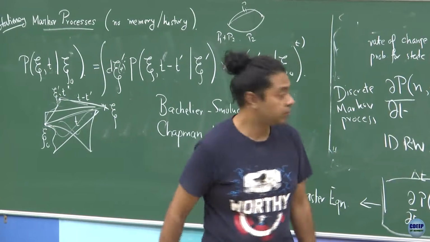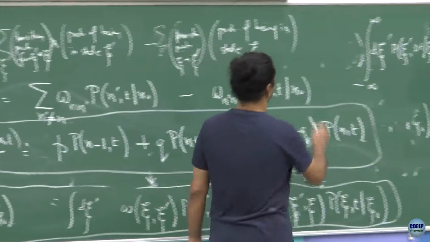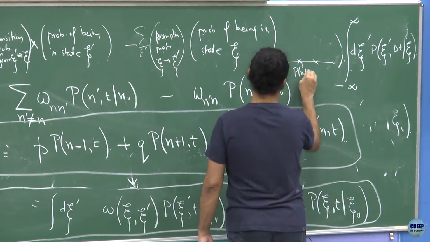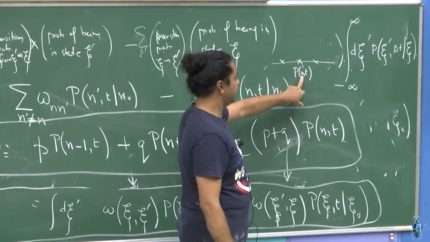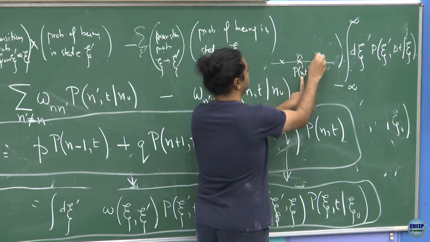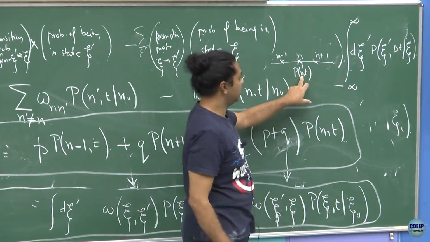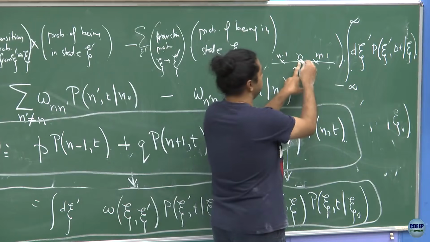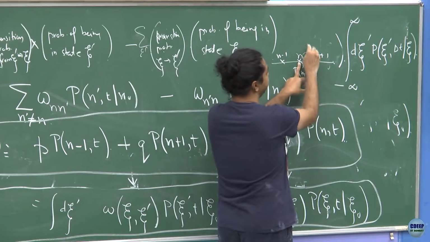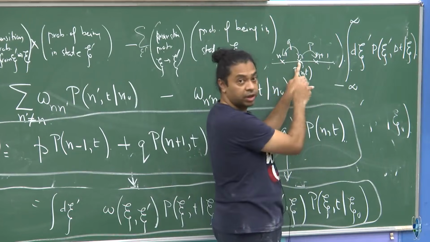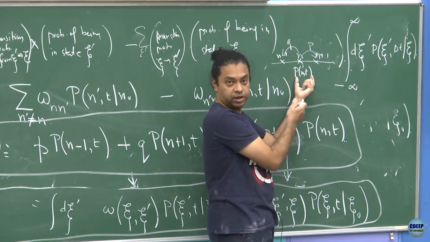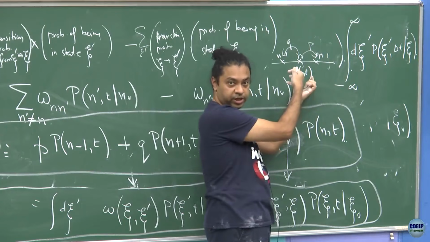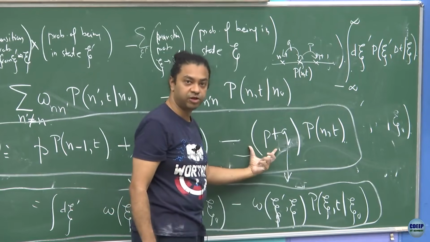What is the loss term, right? So, here is my random walk. I am thinking about the probability that at time t I am at this state n. This is n plus 1, this is n minus 1. So, if you were already here at the previous instant of time, you could go out of this by taking a hop to the right or a hop to the left, and this would decrease this probability. The probability of being at n at time t, hops out of this would decrease this probability. Therefore, this is a loss term in this probability evolution equation.